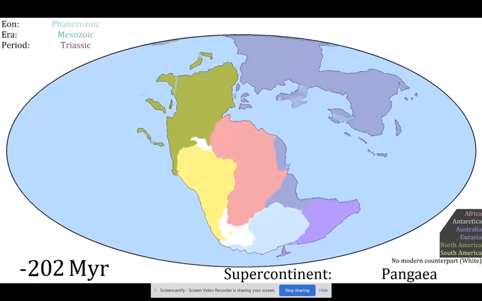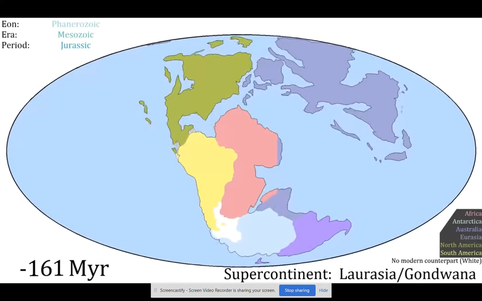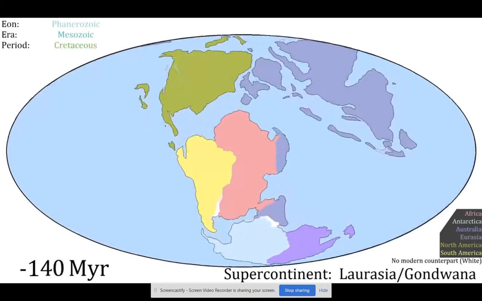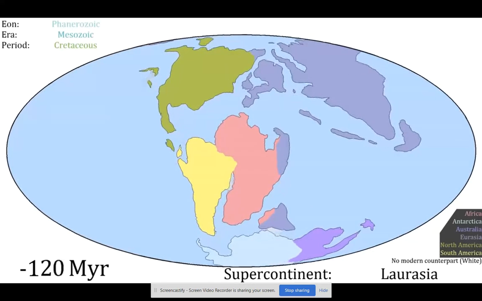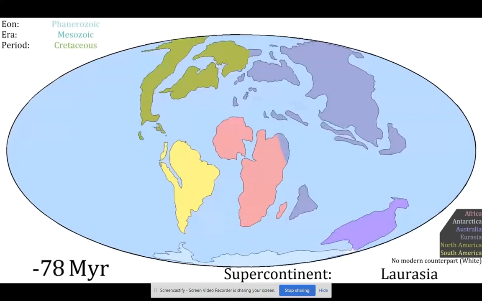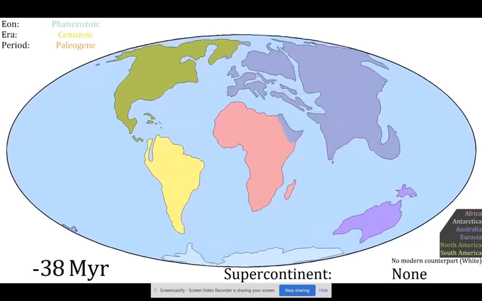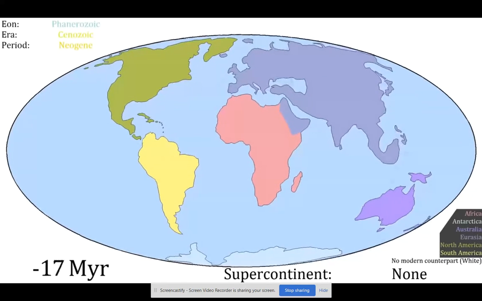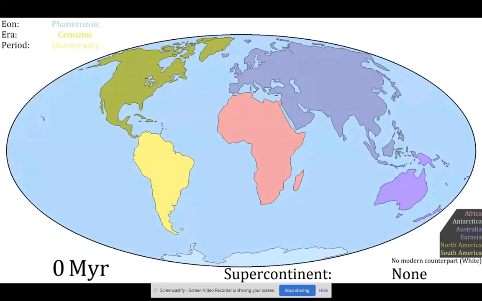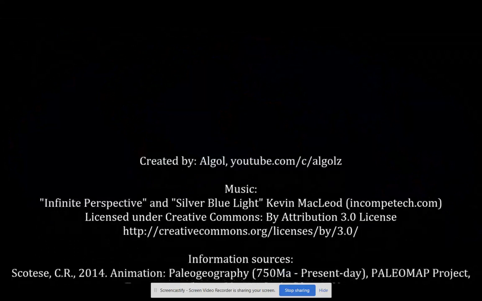You see Africa, South America, North America, all together in Pangea. Now it's separated into Laurasia, Gondwana land, then just Laurasia. You see the subcontinent of India shooting up, smashing in, and now we get to the modern world. It's a pretty cool depiction, isn't it?